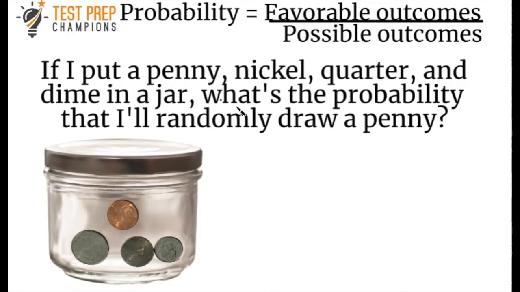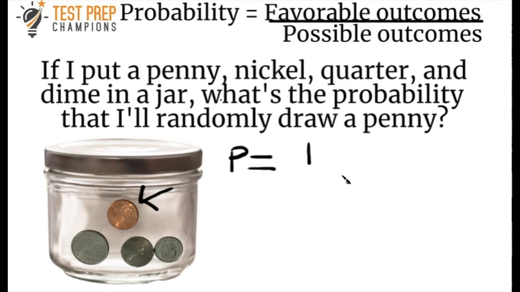So in this case, the favorable outcome is going to be drawing 1 penny. We know the favorable outcome is just 1 penny because there's only 1 penny in the jar. Let me write a P here. P is for probability. So the probability of drawing a penny is going to be 1 divided by what?